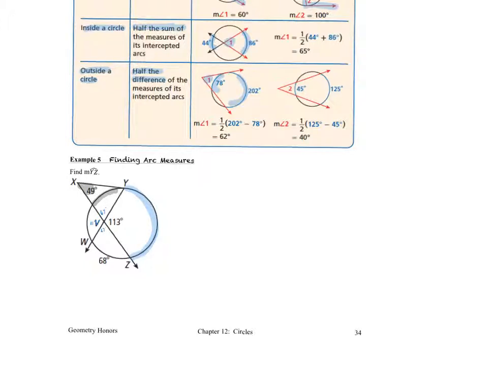So I have my interior angle measures, so remember that an interior angle is equal to 1/2 of the two arcs added together, so that would be the sum of the two arcs. So specifically in this case, the measure of angle XVY is equal to 1/2 of the arcs. So that would be, oh, it doesn't give me a letter.